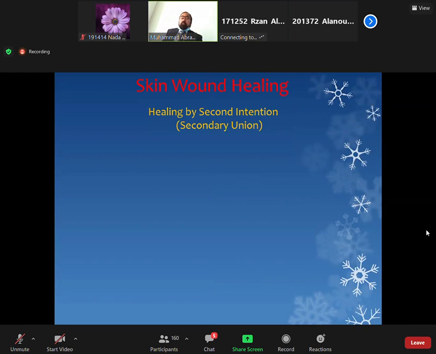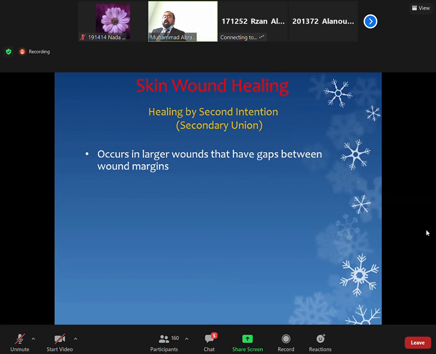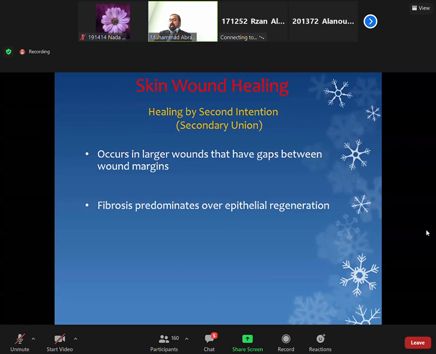Now, healing by second intention. In healing by primary intention, you can specify a time: 1 hour, 2 hours, 2 days, 3 days, 1 week. But you cannot time it in secondary union because there is a big area involved. It occurs in larger wounds that have a gap between the wound edges, so there is a big margin between them. Fibrosis predominates over epithelial regeneration because the epithelium cannot go as close as in the primary one.